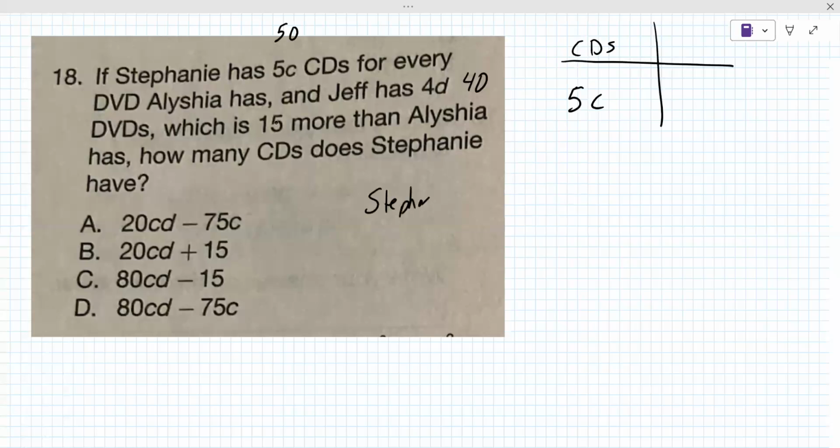It's like Stephanie to Alicia, and then Jeff also has a reference to Alicia as well. There's kind of going back and forth. Is any of this clear, or is this totally unclear?